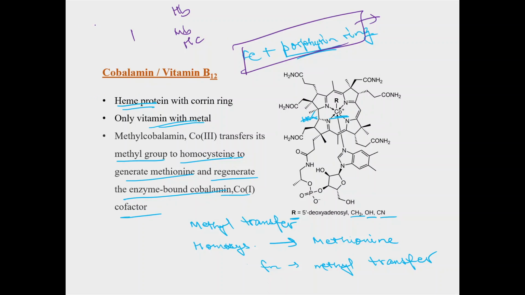There are a few rings: porphyrin ring, corrin ring, and chlorin ring also, which is present in, I think, chlorophyll. That also satisfies the condition for heme protein. We call these also heme protein. People might think that this is not a heme protein, but this is also a heme protein only. Okay, thank you.